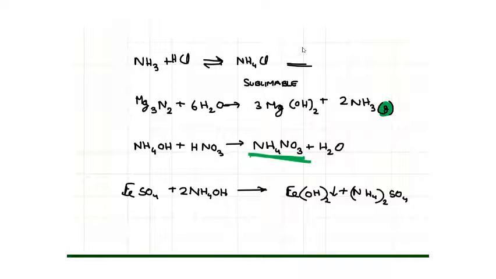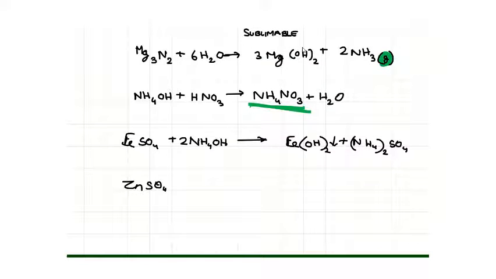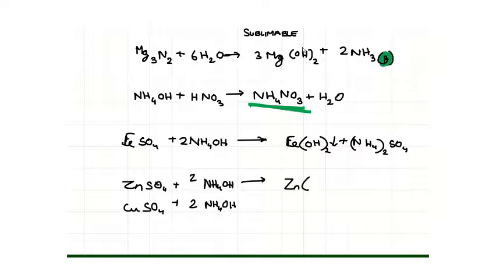We have some important reactions like ZnSO4 and CuSO4 reacting with NH4OH or ammonium hydroxide. We have again 2 parts of ammonium hydroxide, NH4OH, and this gives us the respective precipitates Zn(OH)2 and (NH4)2SO4 or ammonium sulfate.